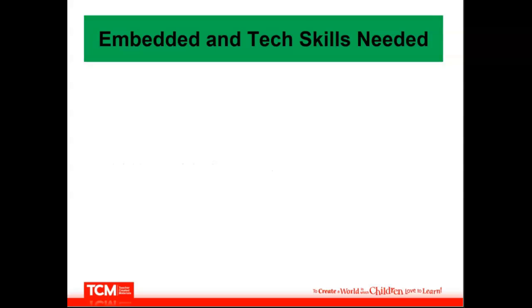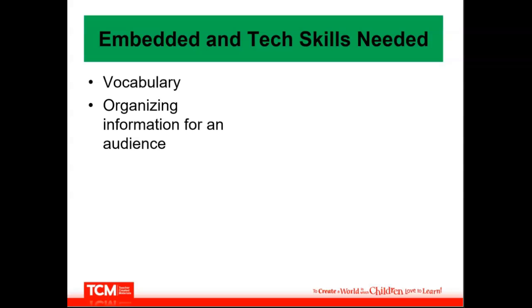In addition to the specific reading and writing skills students will need to produce the final product, there are other skills they will also need. These might include vocabulary that they are likely to encounter as they read about their animal and the environment. This could be how to organize information for a specific audience, like their classmates.